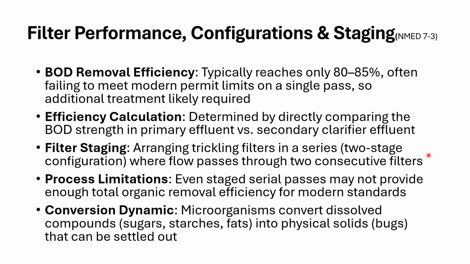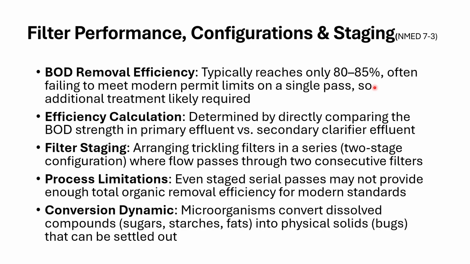So with staging, we also try to arrange trickling filters in series, a minimum of 2, where the flow is going to pass through 2 filters. So think about it. We get rid of 80% of the BOD load on the first filter. So that's 20% left.